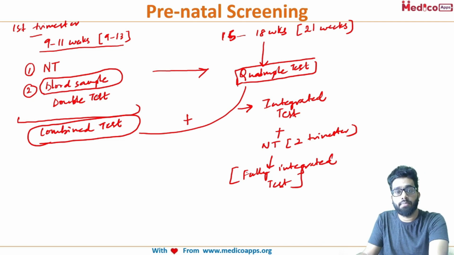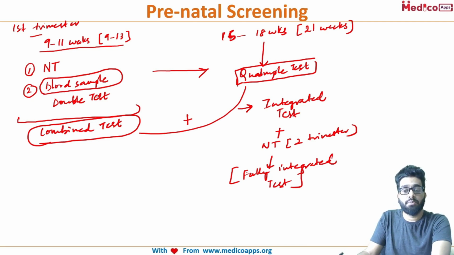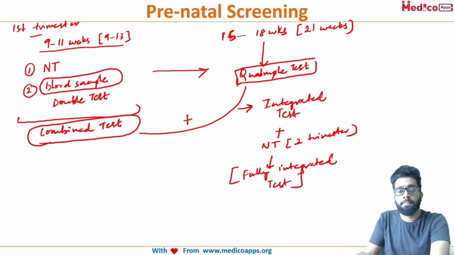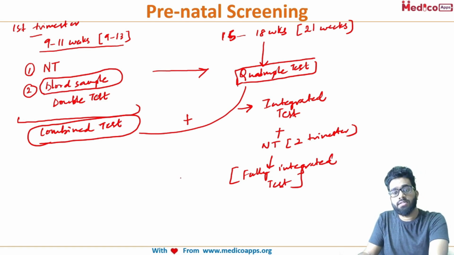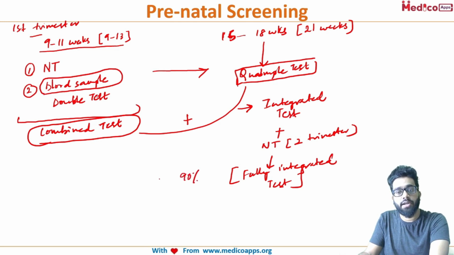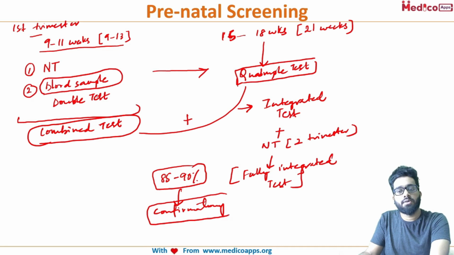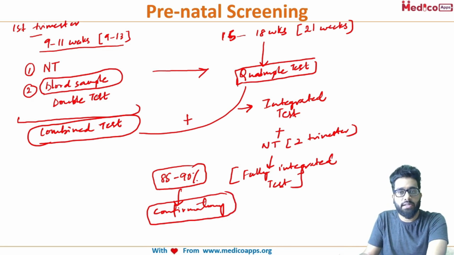These are indirect markers that could indicate that you're dealing with a trisomy, specifically Down syndrome. If you do all of this, the sensitivity of these screening tests will reach almost 85 to 90%. Whenever the screen is positive, you go and get a confirmatory test. This is the concept of prenatal screening. We'll look at this prenatal screening in detail.